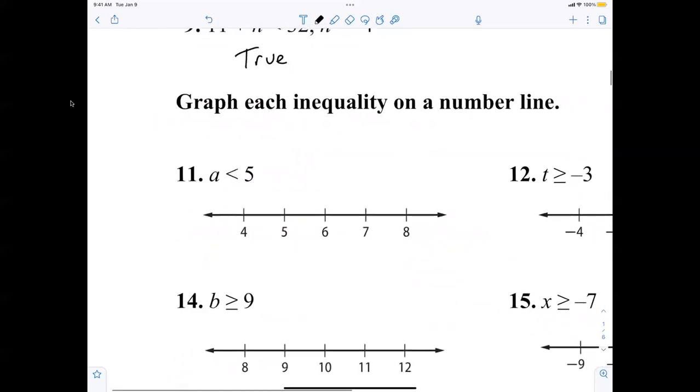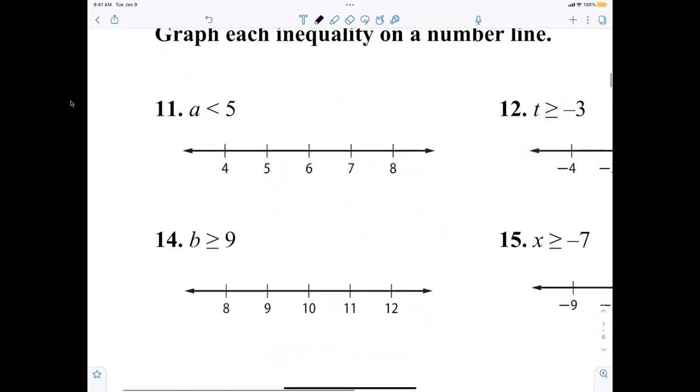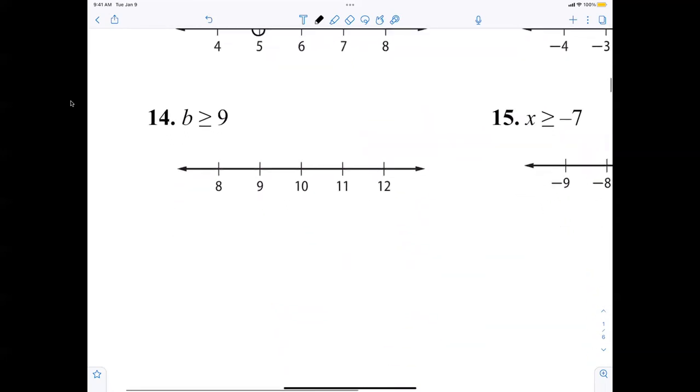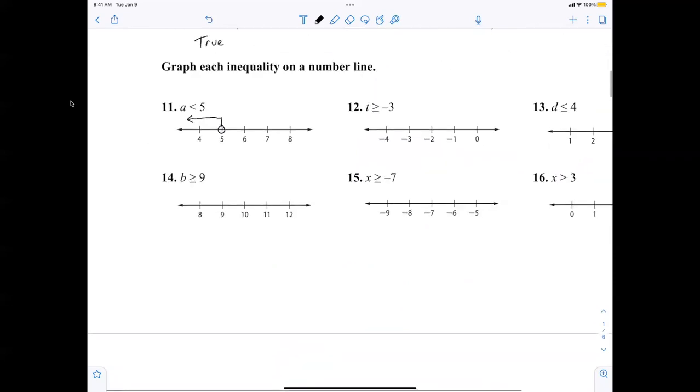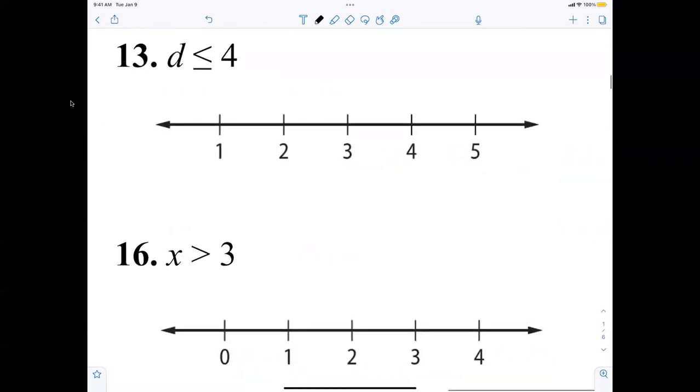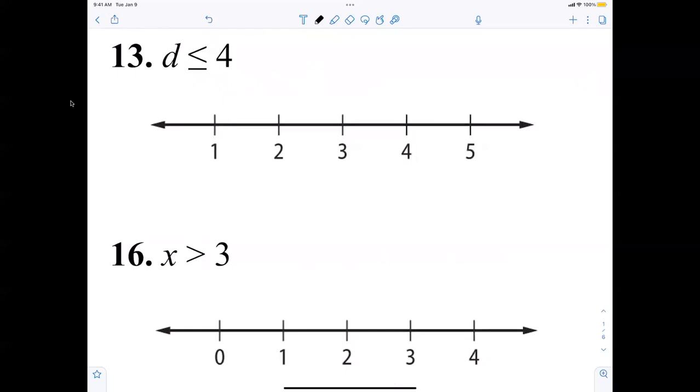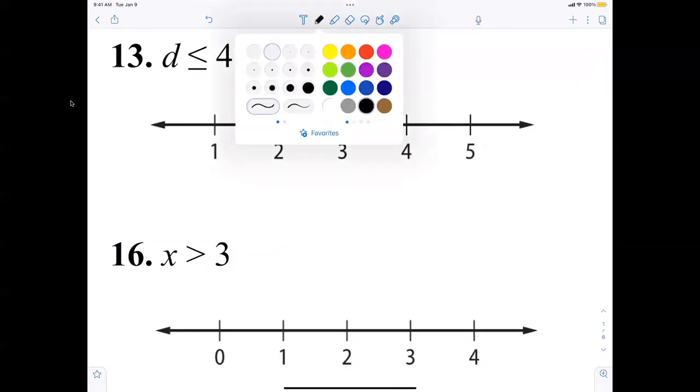Lila, how do I graph number 11? Open circle at 5 going to the left. All right, Sophia. 13. There will be a closed circle on 4 and then go to the right.